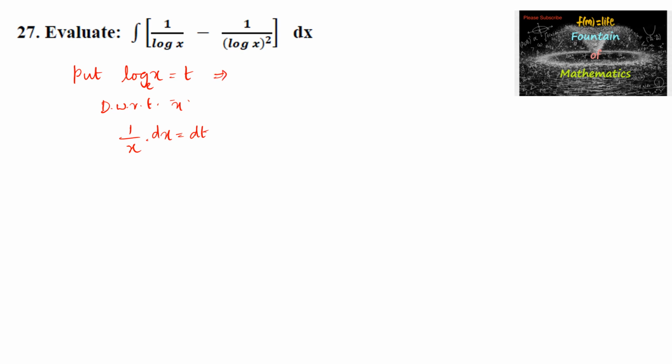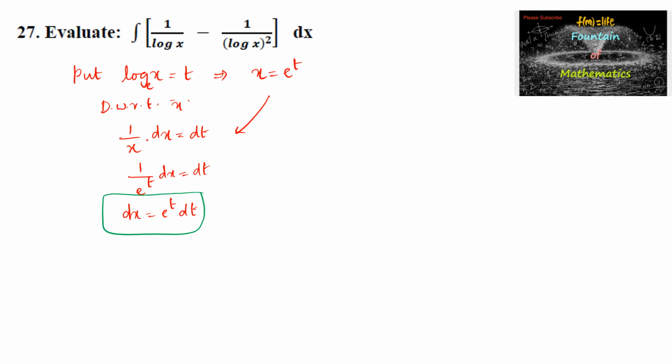When log x is equal to t, we can write x is equal to e to the power t. So we can replace here 1 by e power t into dx is equal to dt, our dx is equal to e power t into dt. Let us substitute in place of dx is e power t into dt.